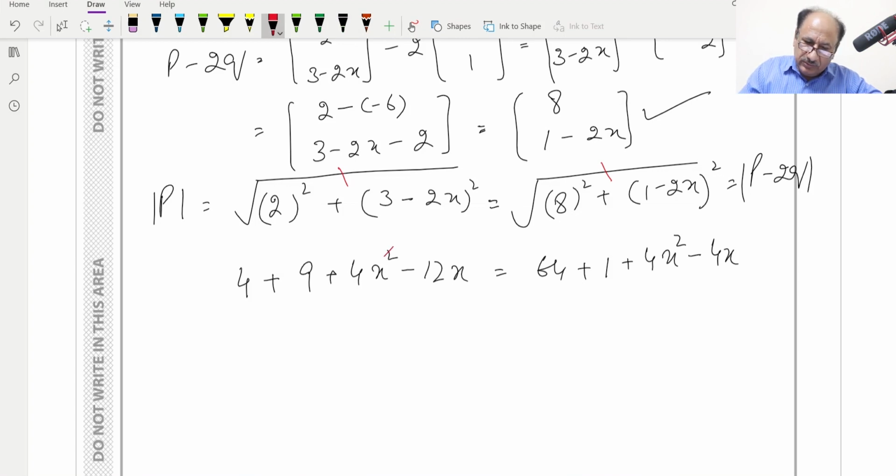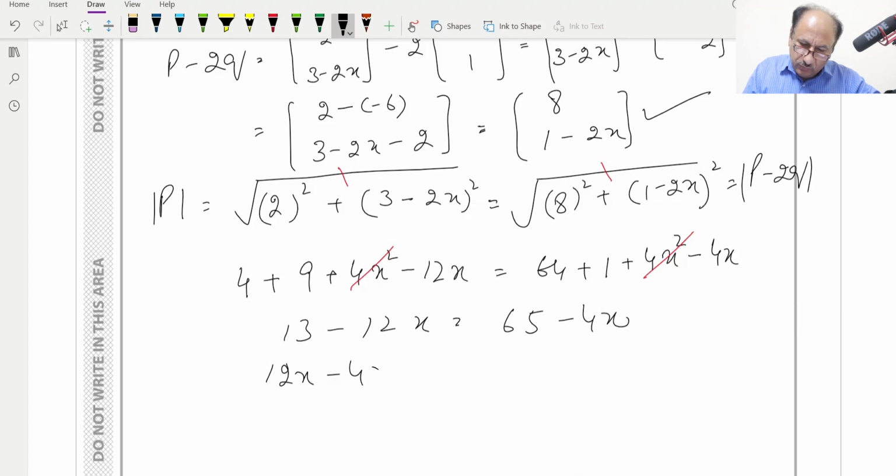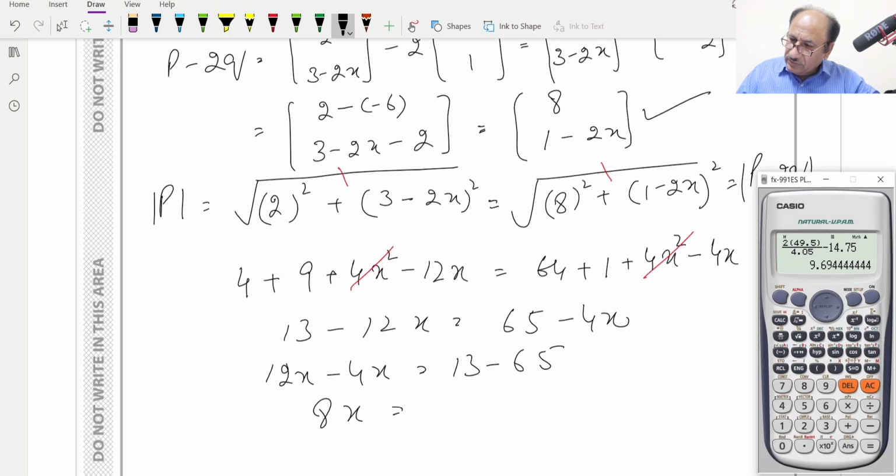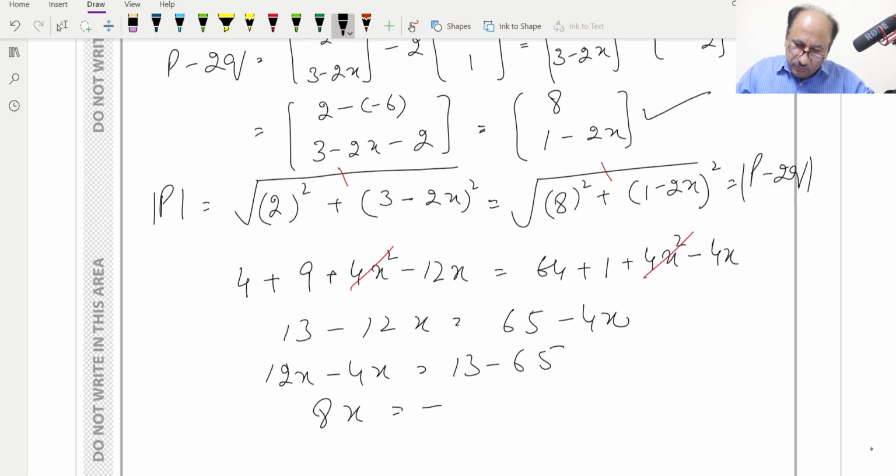Now we can cancel this and this, and the rest we can simplify. 9 plus 4 will be 13 minus 12x is equal to 65 minus 4x. Now we can shift 12x to the other side, so 12x minus 4x is equal to 13 minus 65, and this will be 8x is equal to what? 13 minus 65 is equal to minus 52.